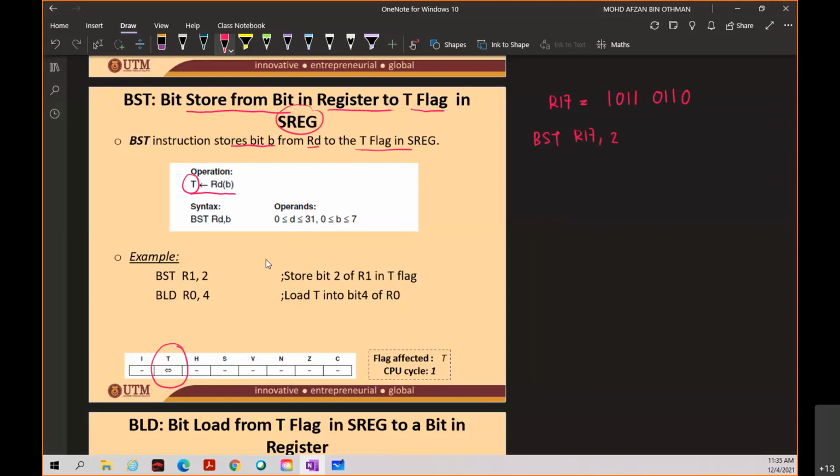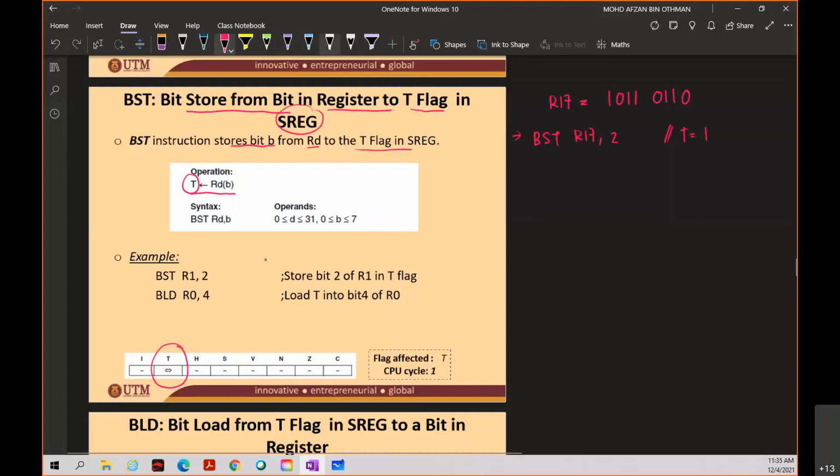Can you tell me what happened? R17 has the value 1011 0110, and next I do the instruction BST R17, 2. What happened after you execute this line? The T flag becomes 1.